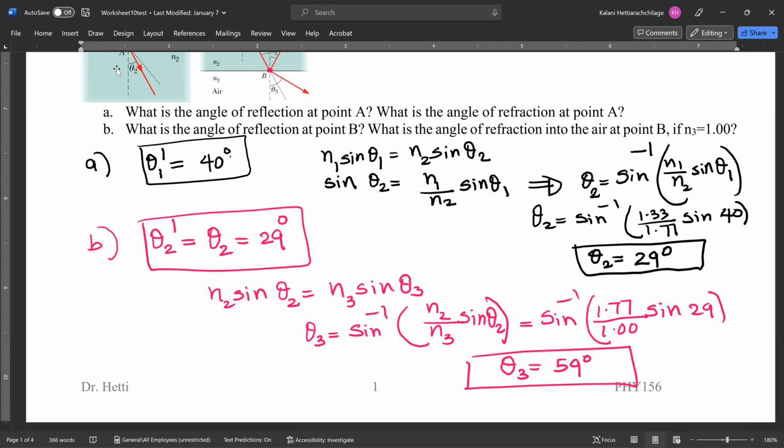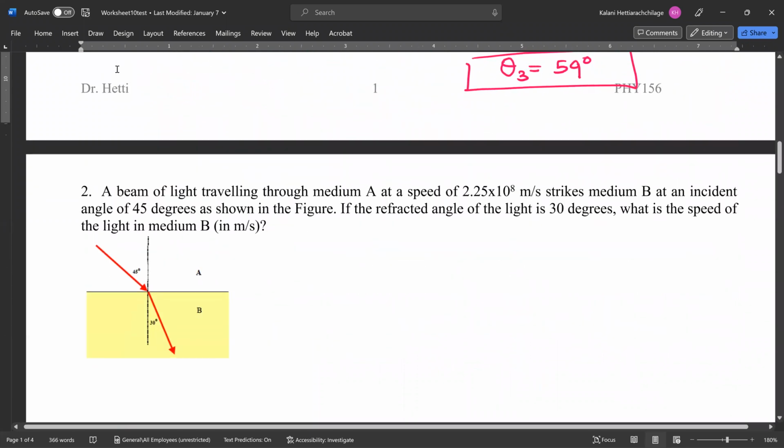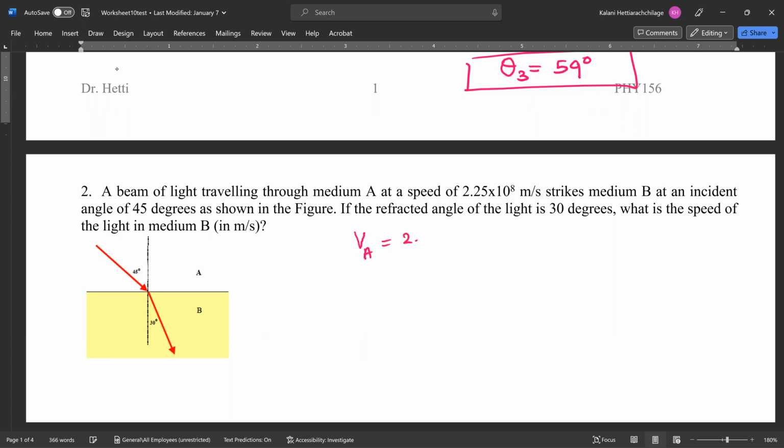Okay, now let's move into the third question. I mean second question, sorry. A beam of light is traveling through media A and the speed in media A is 2.25 times 10 to the power 8 meters per second, and it strikes medium B at an incident angle of 45.